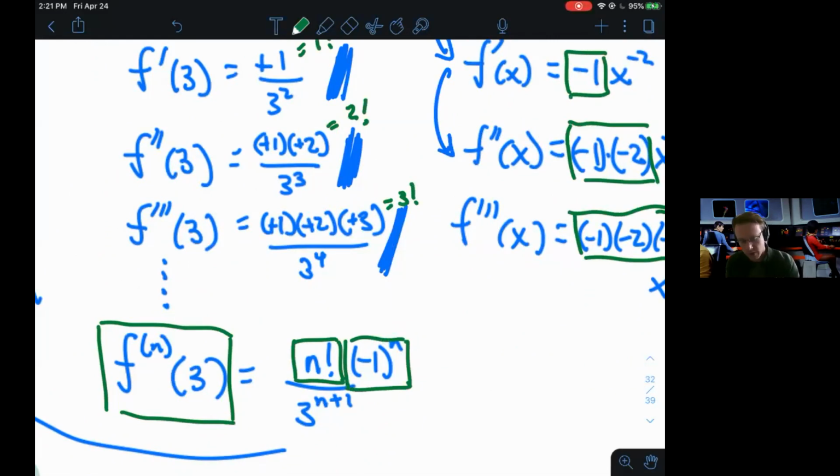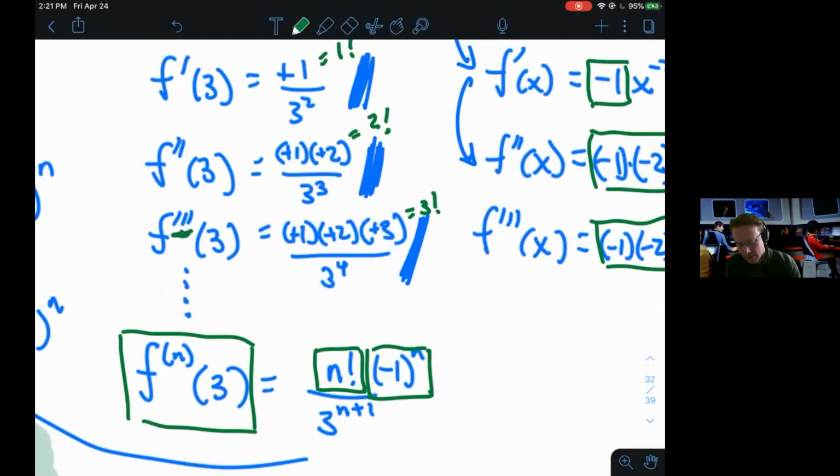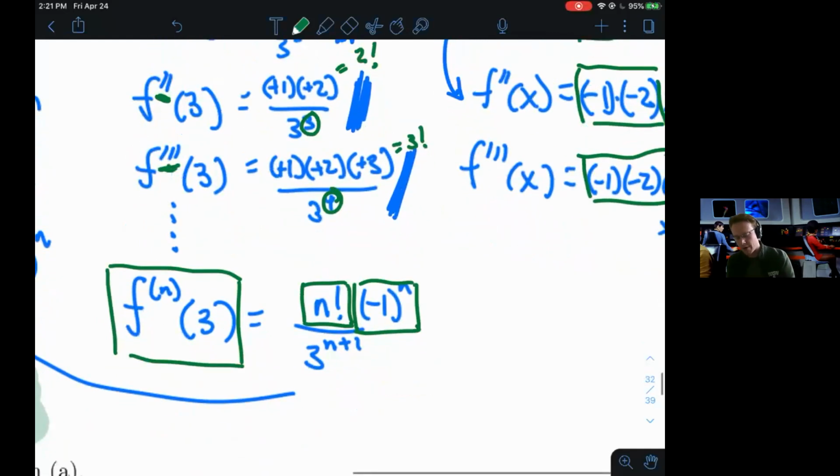And then notice that when I took 3 derivatives, I had 3 to the 4th power in the denominator. When I took 2 derivatives, I had 3 cubed. Right? It always seems to be 1 more than the number of derivatives that I'm taking. So if I take n derivatives, it looks like there's 1 more 3 on bottom than the number of derivatives that I took.